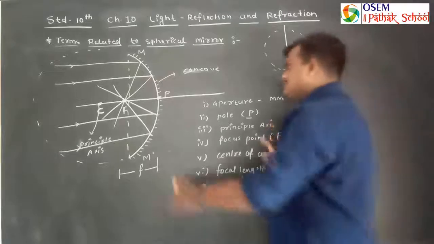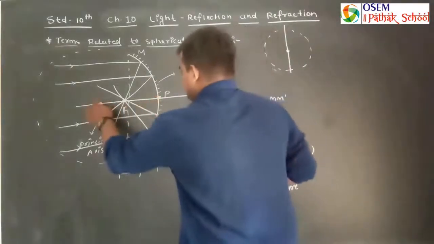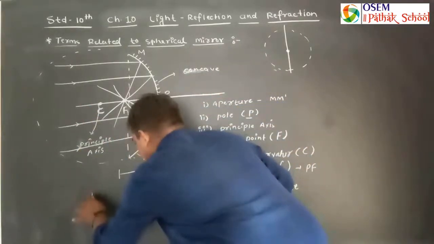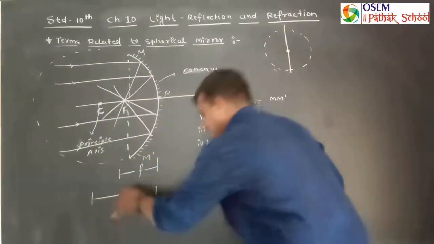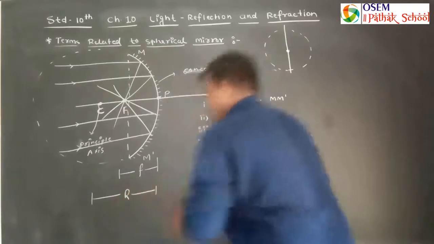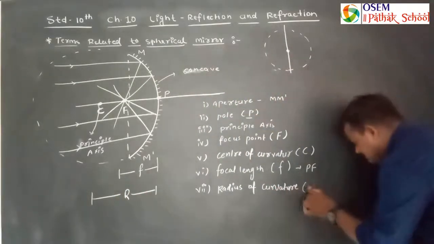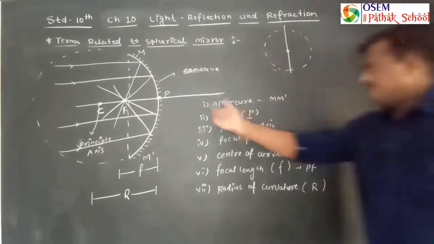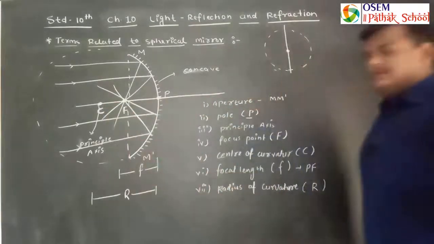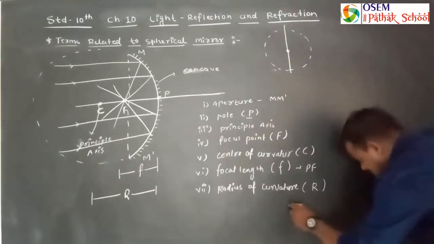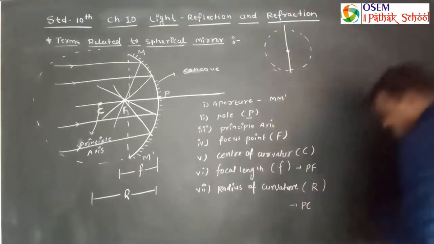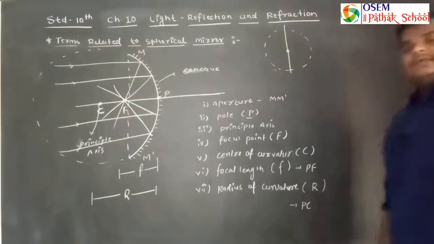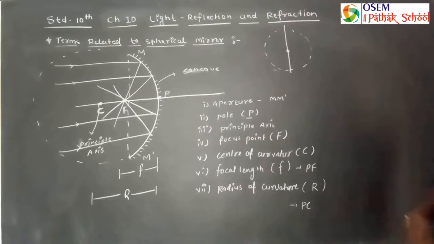The distance between the pole and the center of curvature, from here to here, is known as the radius of curvature, and it is denoted by the capital R. The distance from P to C is our radius of curvature.